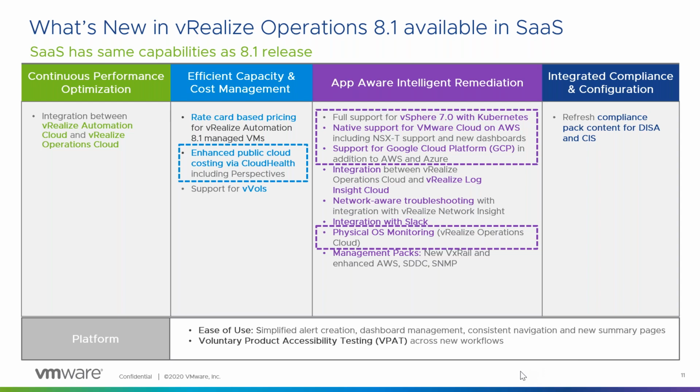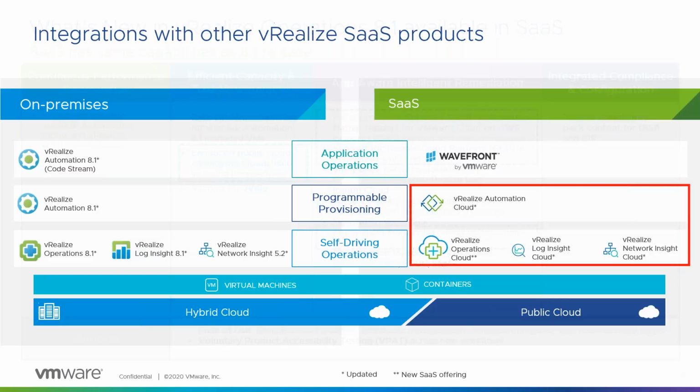So this is kind of a teaser, if you will, or one of the benefits of going with vRealize Operations Cloud versus deploying on-prem, is that we can iterate much more quickly on new features and capabilities, and we can get you access to those sooner than you would on the slower release cycle for on-premises. So if you're interested in seeing the next features, what's coming, that physical OS monitoring will be the first of those, and of course there'll be many more to come in the future. Okay, next slide, Elle.